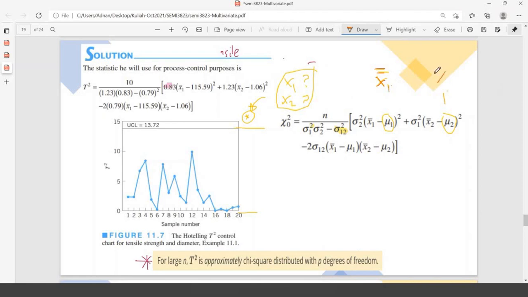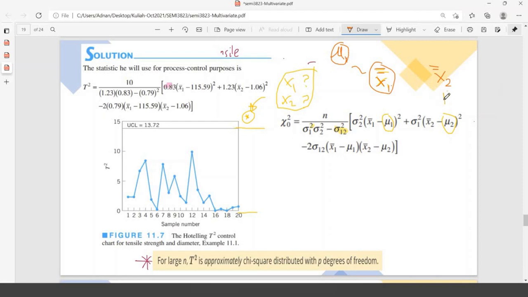This one is for diameter, so X2. We use mu here to show that it comes from the population, but actually it is an estimated value from X double bar.